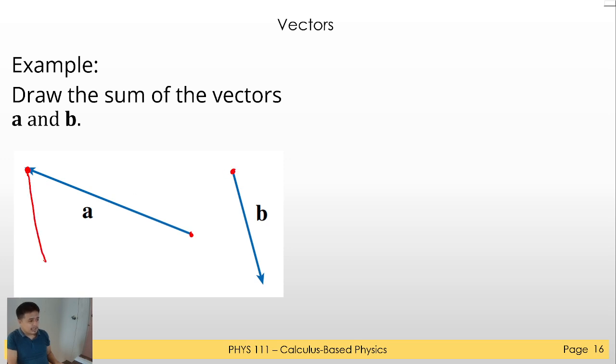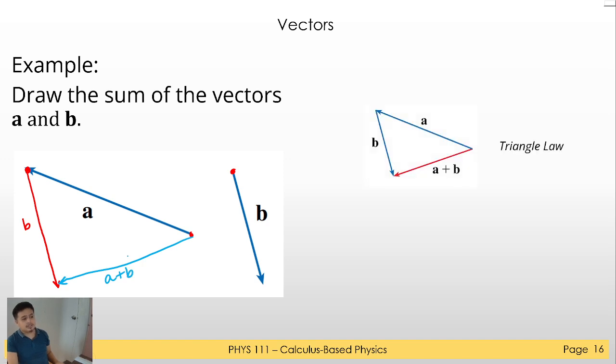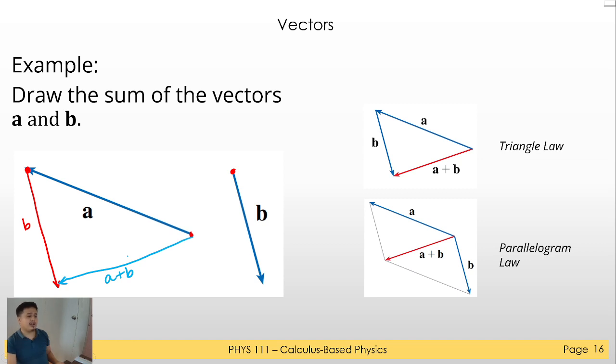So we will write something like this to get the resultant vector which will be this. So this will be a plus b. Alright? So using the triangle law, this will be your resulting vector, or using the parallelogram law, you could also do this cumulatively. You do the b first, and then do the a. You will arrive at the same solution.